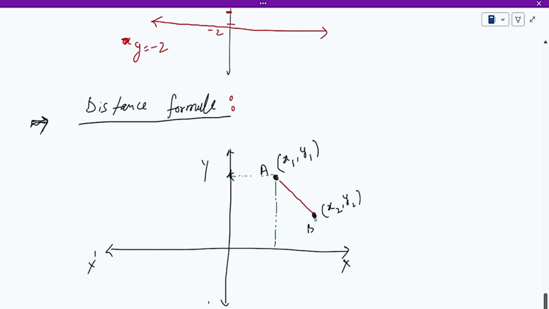The same way here, this is y2, and this is x2.